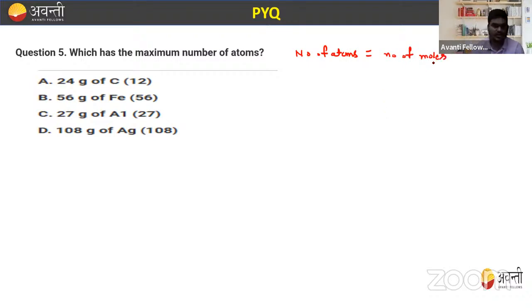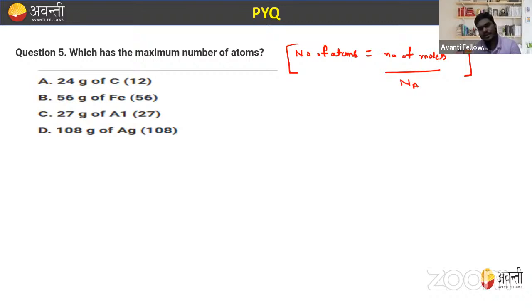Number of atoms is equal to number of moles multiplied by Avogadro number, that is Na. So this is how you can find the number of atoms.